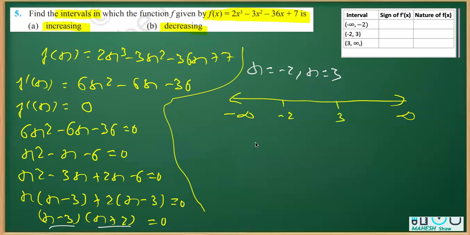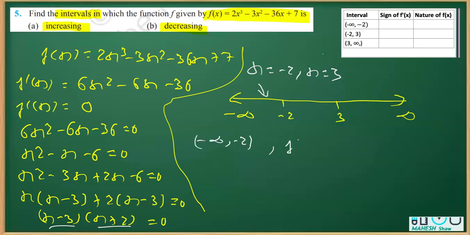Now we are going to check the sign of f dash x, which will give us the nature of this function f(x), that is whether it's increasing or decreasing. Let's figure out the first interval, from minus infinity to minus 2.